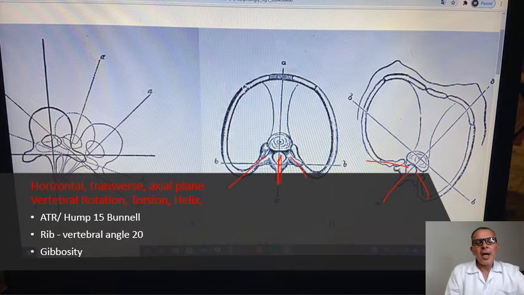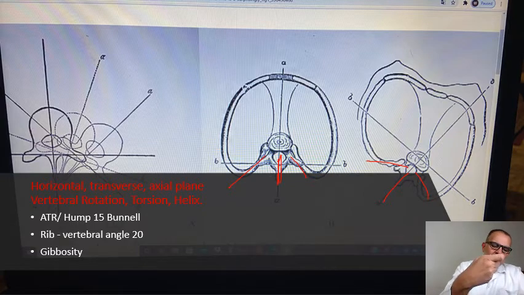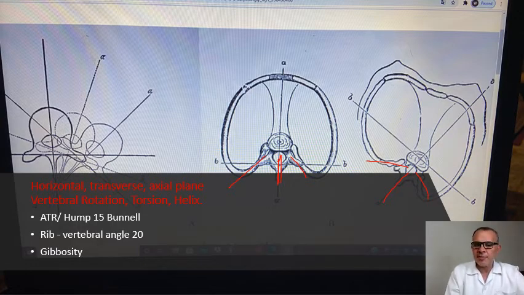So we can also determine the gibbosity, which is almost the same thing. Gibbosity is the torsion that the apical vertebra makes, both in the vertebrae and on the ribs. On this particular vertebra, the gibbosity effect is very important to obtain too.